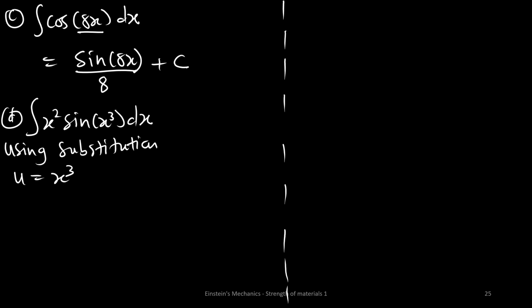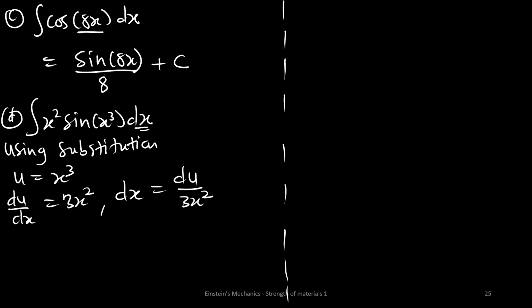So we find du dx, that is going to be 3x squared. Remember, the original question is in terms of x. So if we are introducing u, we can make the expression in terms of u. So dx is going to be equal to du over 3x squared.